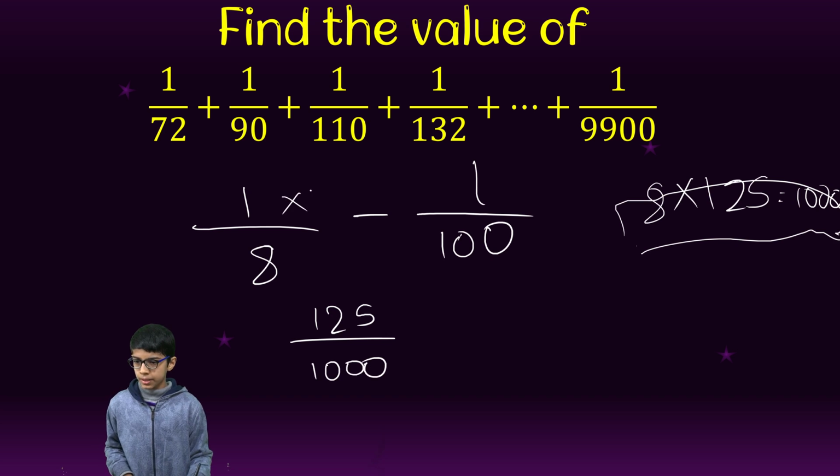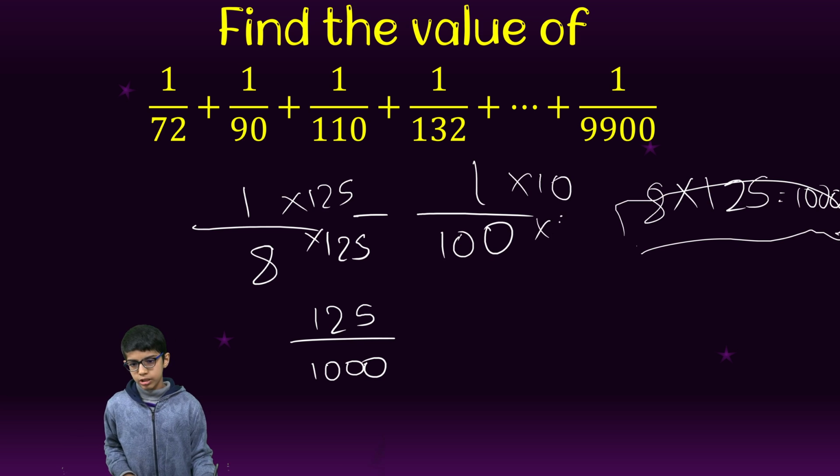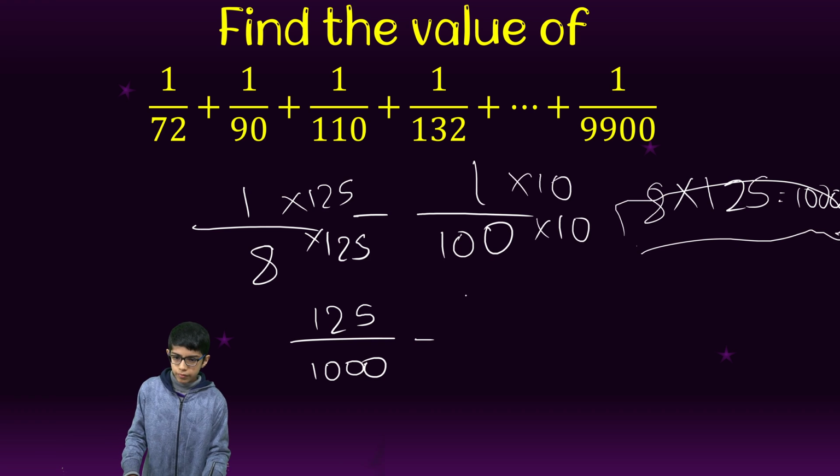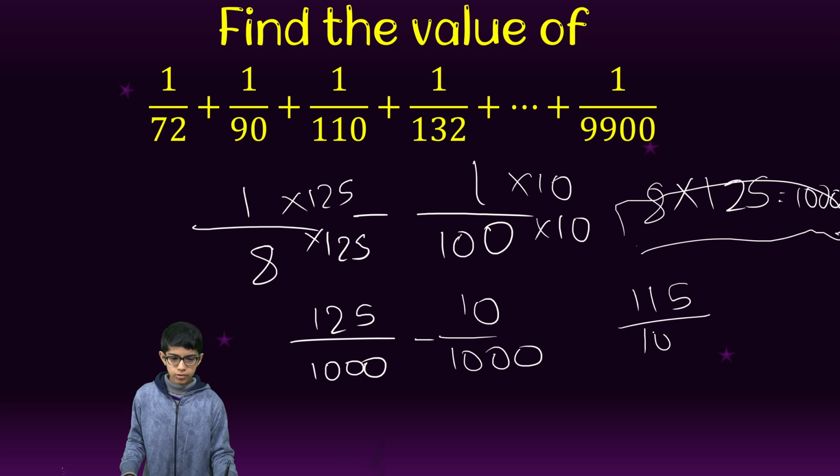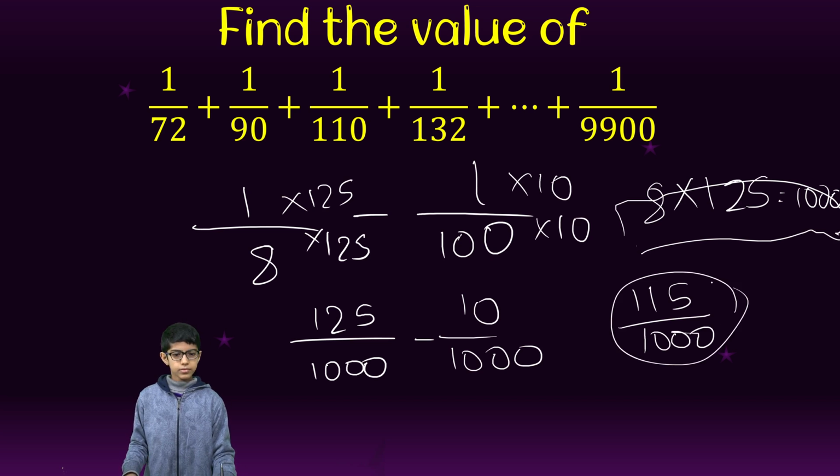So here we will multiply by 125 and here also by 125. Here we will multiply by 10. So to get the denominator the same, which would be 10 by 1000. Now you can solve this and get 115 by 1000. Now solve this to get the answer.